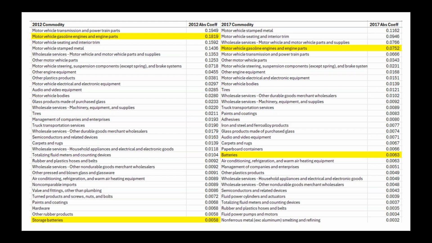So in this list of commodities, you can see that the coefficient for spending on motor vehicle gasoline engines and engine parts has declined a little bit, while the coefficient for purchases of batteries has increased a little bit. I will note that it's okay to compare the storage batteries in 2012 to batteries in 2017, just because storage batteries were the only type of batteries available in the 2012 benchmark.